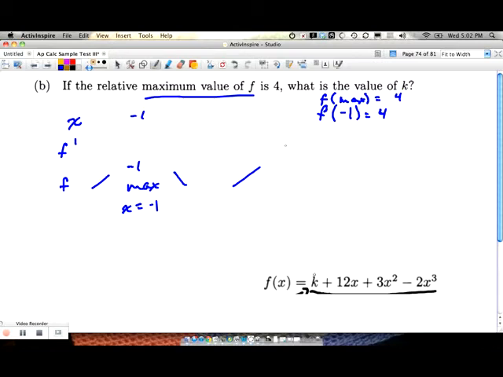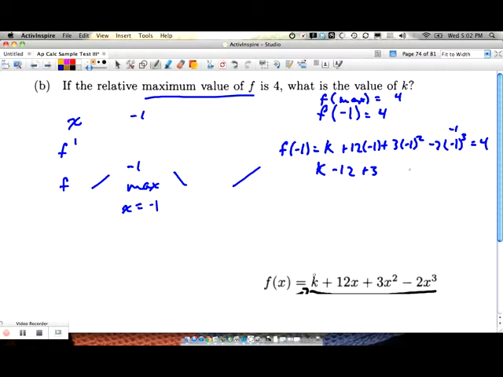That's going to be k plus 12 times -1 plus 3 times -1 squared minus 2 times -1 cubed, and that's going to be equal to 4. So we have k minus 12 plus 3, and this next term: -1 cubed is -1, -1 times -2 is positive 2, and all of that is going to be equal to 4.